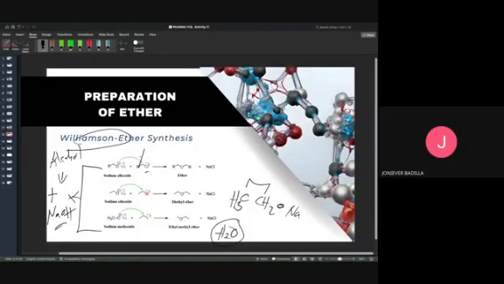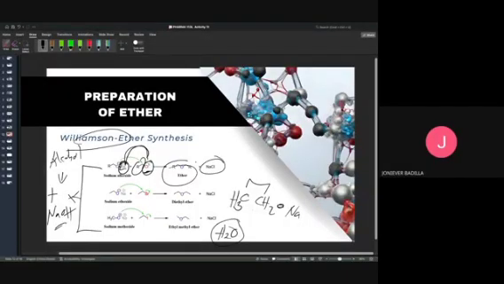Since we have the R group from the alkyl halide, the R group will substitute the sodium, forming the ether. Since our halide here is chlorine and our positively charged ion is sodium, they will combine to form sodium chloride. So we observe a substitution reaction here. That is the Williamson ether synthesis.